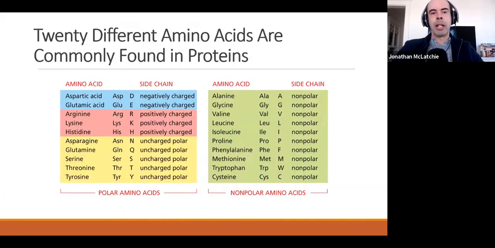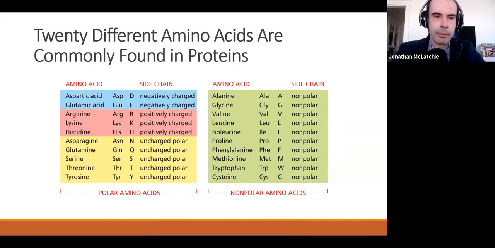There are 20 different amino acids that are commonly found in proteins, as you can see here, and these have different properties. So some are negatively charged, some are positively charged, some are polar, and some are non-polar. So polar just means it's hydrophilic, and non-polar means it's hydrophobic.